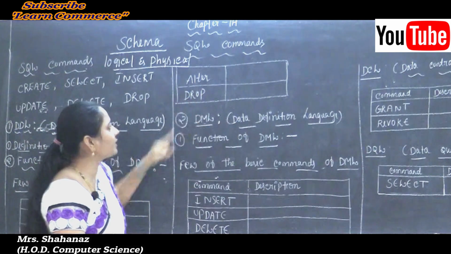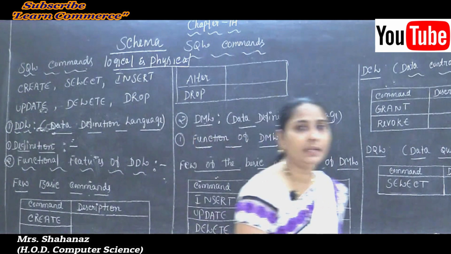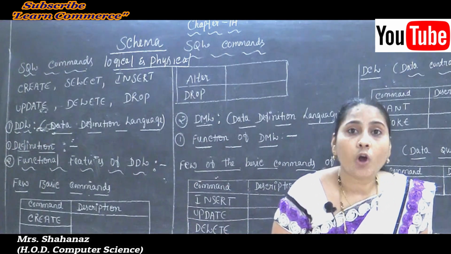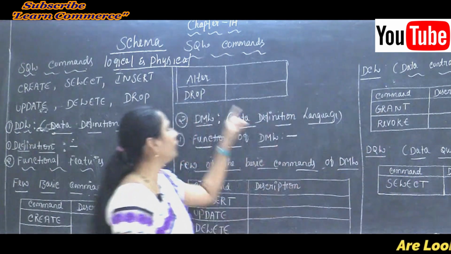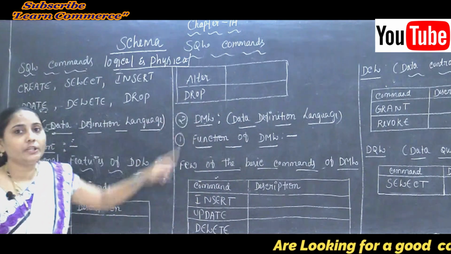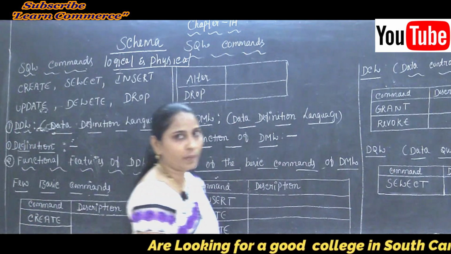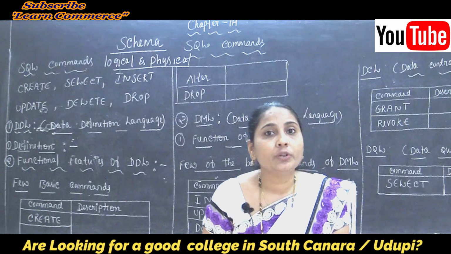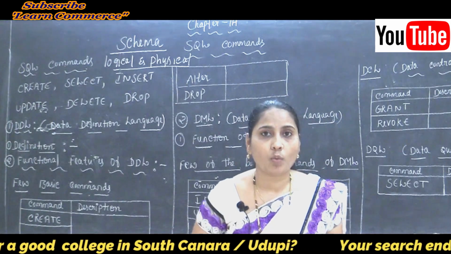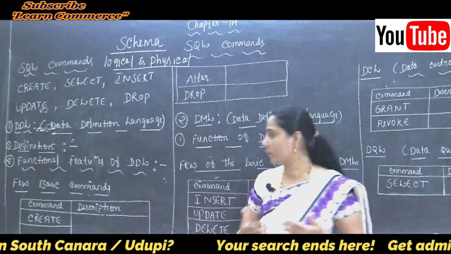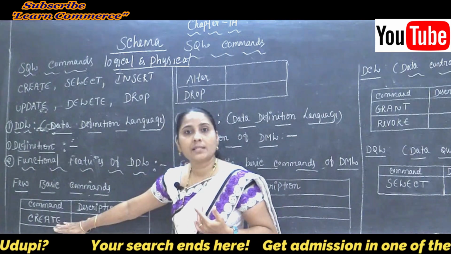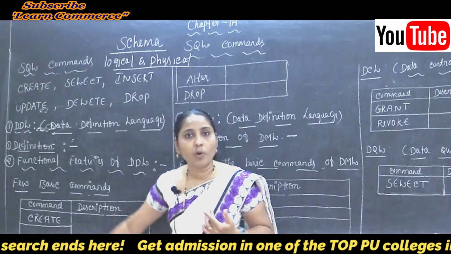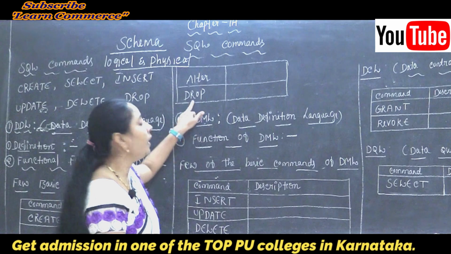Okay, and next, the third command of the DDL is called the drop command, DROP. So why do we use the drop command? Because it is used to delete an entire table. So whatever table we created by using our create command, such a table is removed by using a command like our drop command.